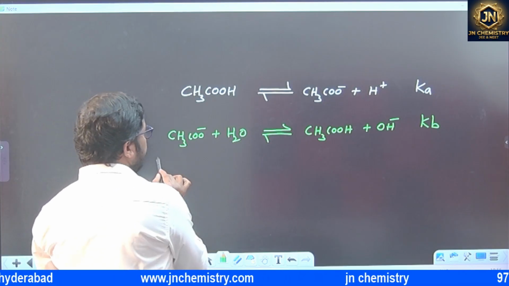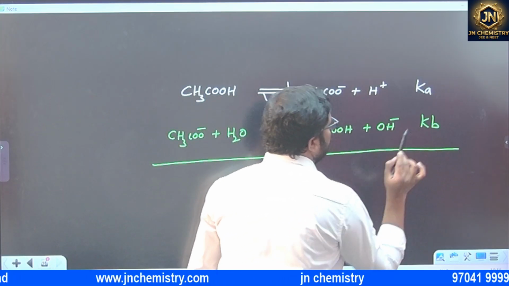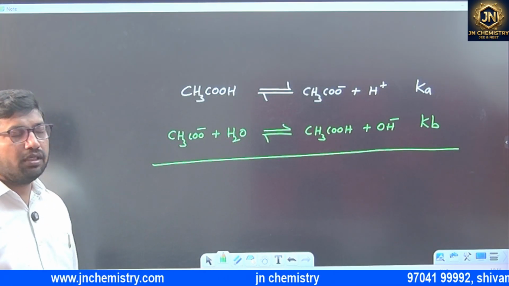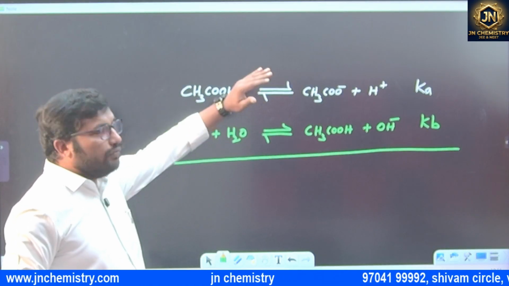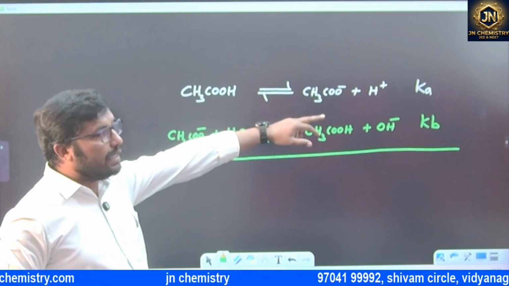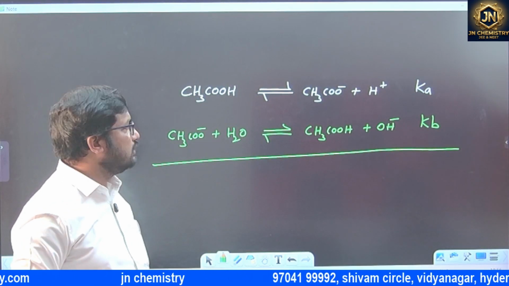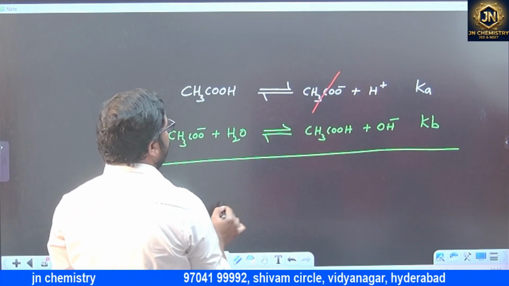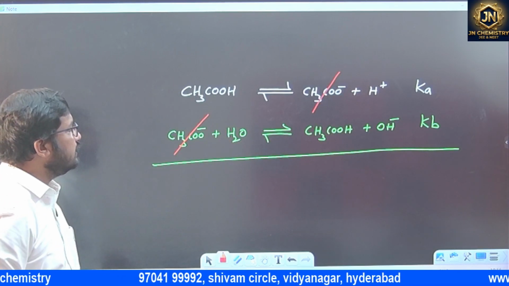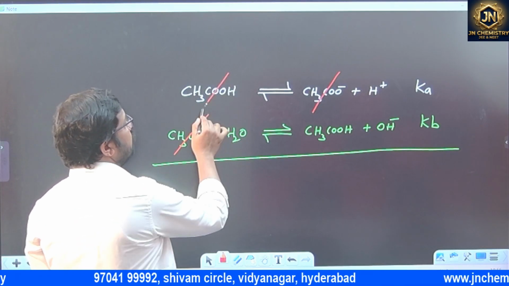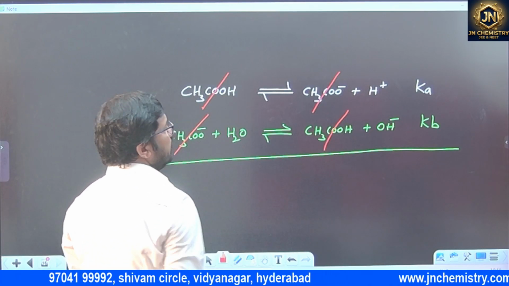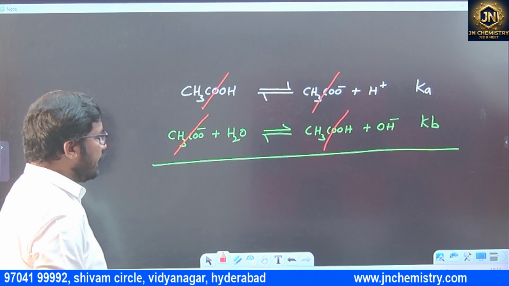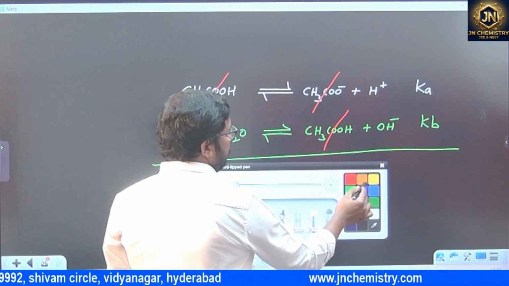So for example, if I am adding the two equations, I told you when we are adding the two equations, Ka and Kb will become what? The CH3COO minus will get cancelled. This CH3COOH also gets cancelled. What is remaining?